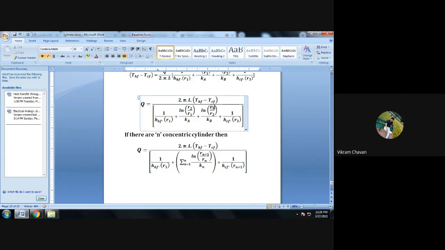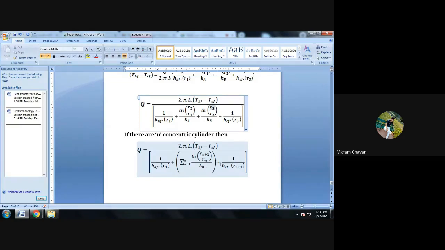So if you are considering n cylinders, the final radius is r suffix n plus 1. So if there are n concentric cylinders, we have to take the summation from n is equal to 1 to n of ln of r suffix n plus 1 whole divided by r suffix n, whole divided by k suffix n.